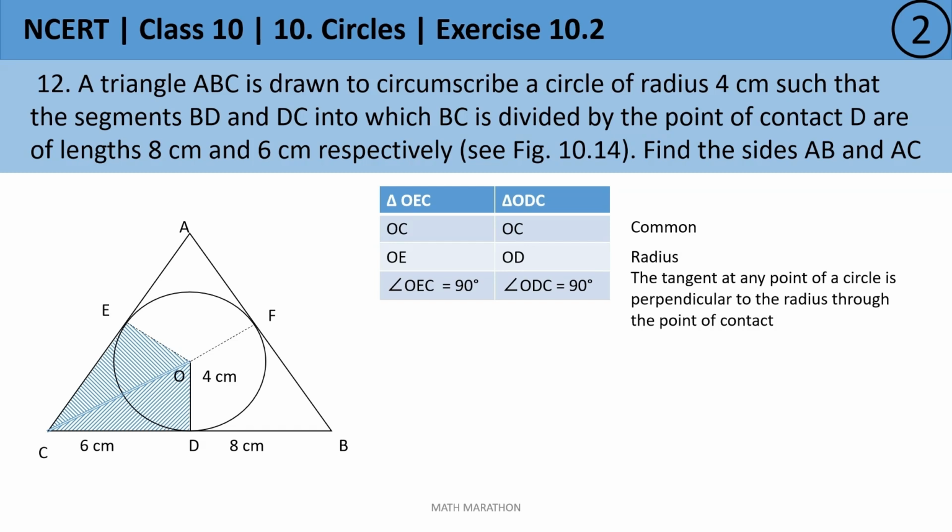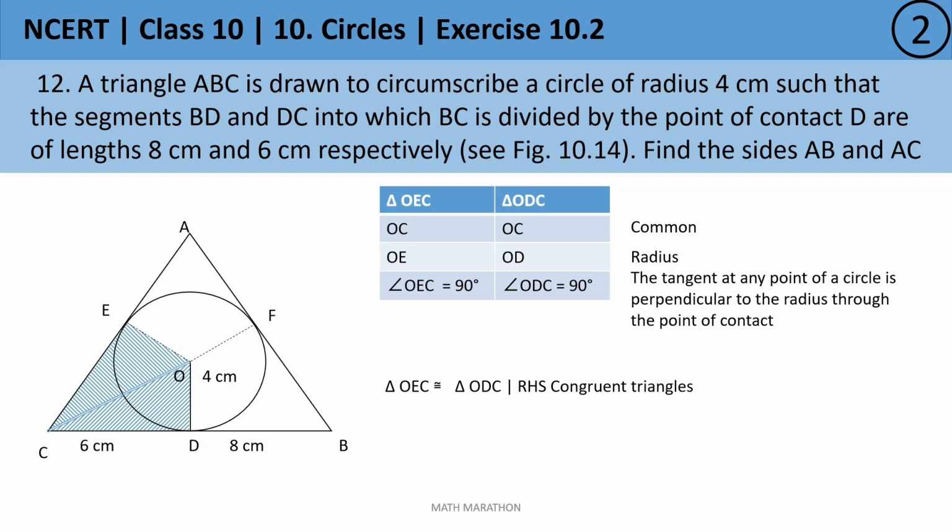Consider triangle OEC and triangle ODC. OC is a common side for both the triangles. OE and OD are radii of the circle. Angle OEC is equal to 90 degrees, and angle ODC is equal to 90 degrees, because the tangent at any point of a circle is perpendicular to the radius through the point of contact.